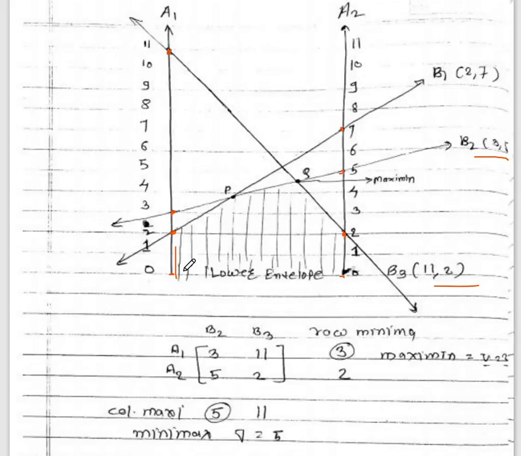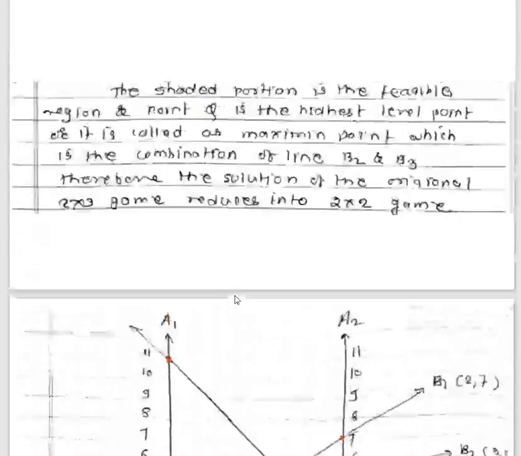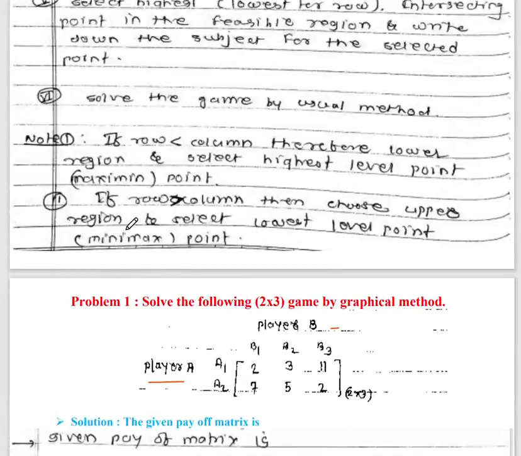Now we will find out which region this graph covers. We have already seen the note: if row is less than column, then we can choose the lower region and select the highest level point, that is the maximum point.